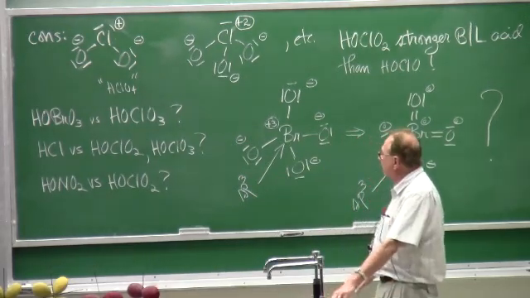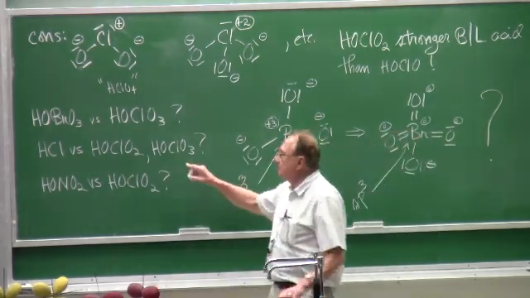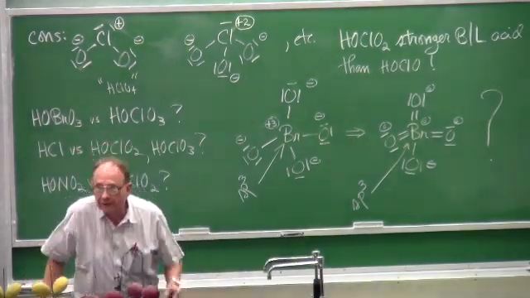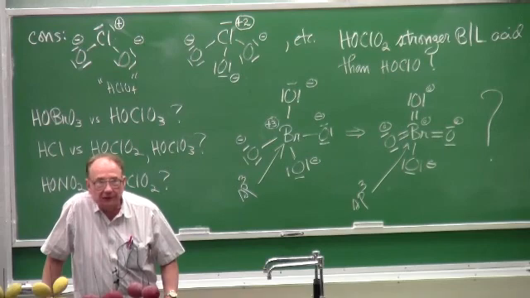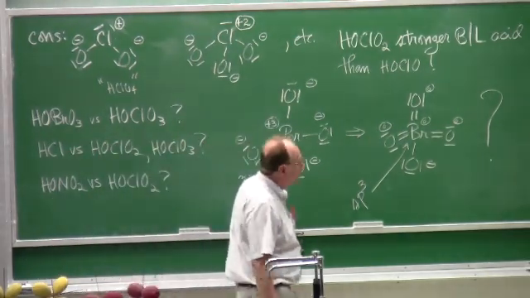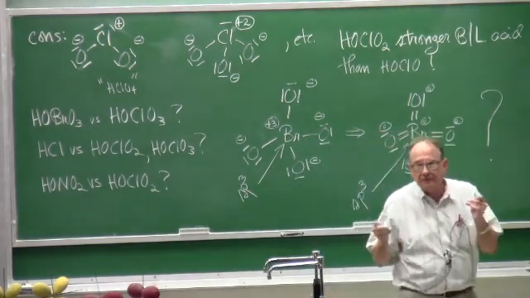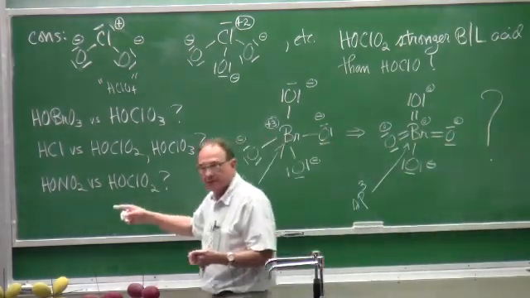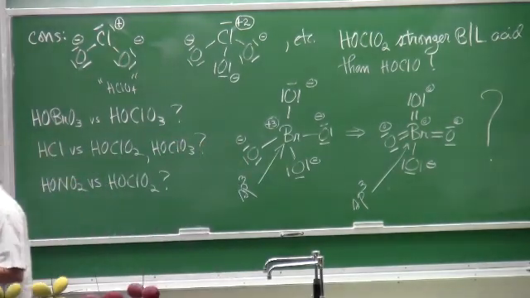Size. Which is the larger anion, perbromate or perchlorate? Perbromate, because bromine is a good deal larger atom than chlorine. You think there's really a whole lot of difference in size between perbromate and perchlorate?